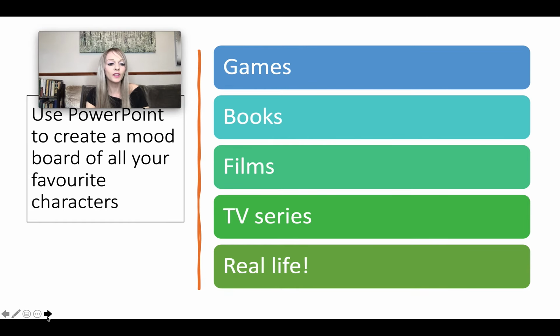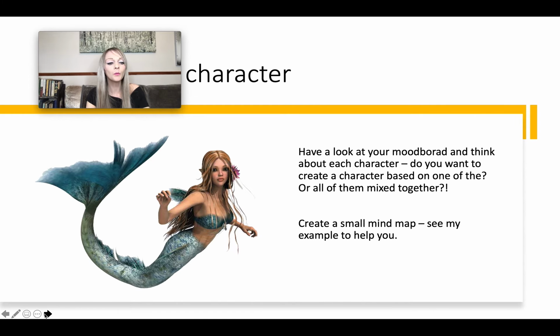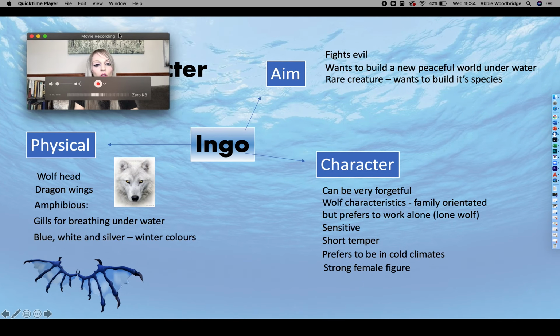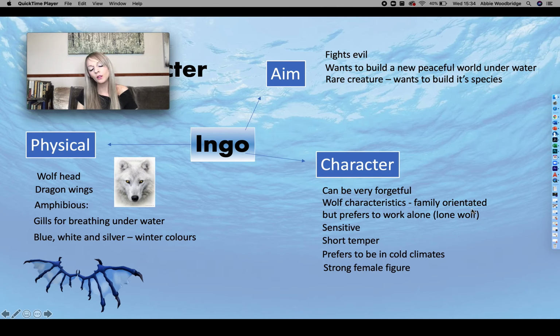That's absolutely fine. And then I want you to build a mind map like this one. Please do use this PowerPoint. It's on my website that I've made for you guys. And I will send you via Teams the link to the website, so you've got everything, including this video, on the right page, okay?